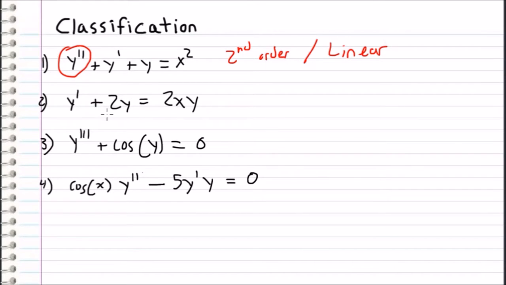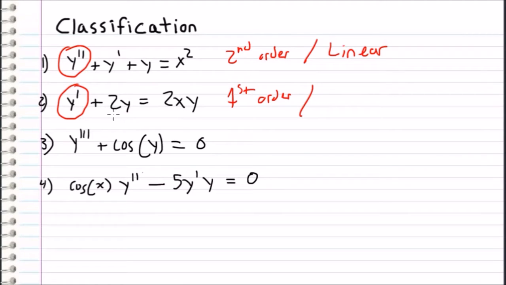On the second example, let's categorize it by its order first. We see that the highest derivative is the first derivative, so this is a first order differential equation. The coefficients are all functions of only x, they're just constants, same thing. But on this side, we have a y multiplied by x.